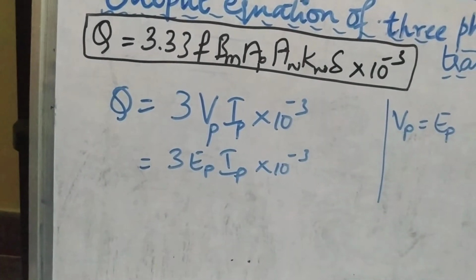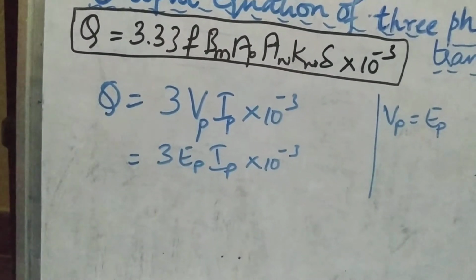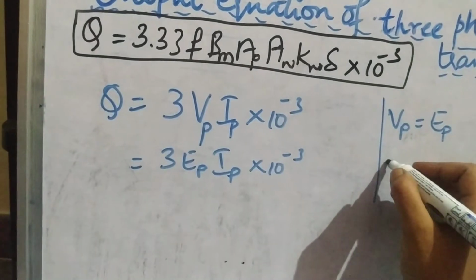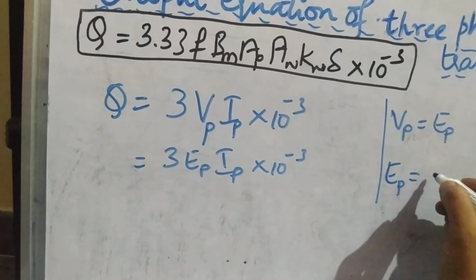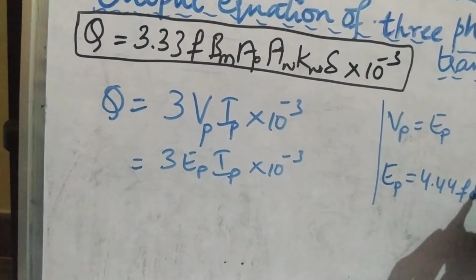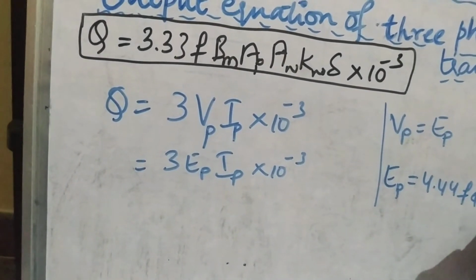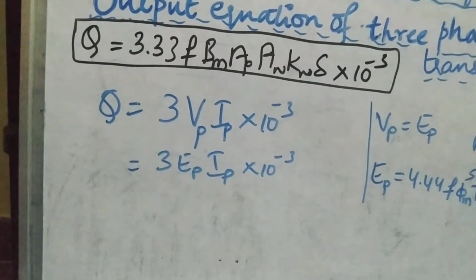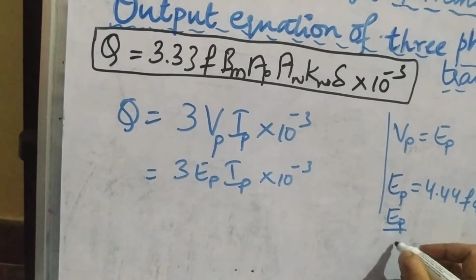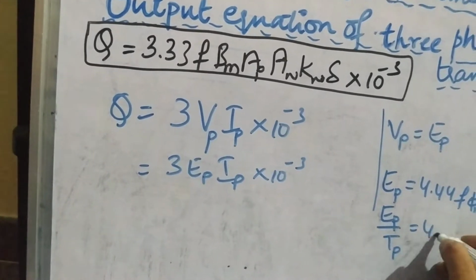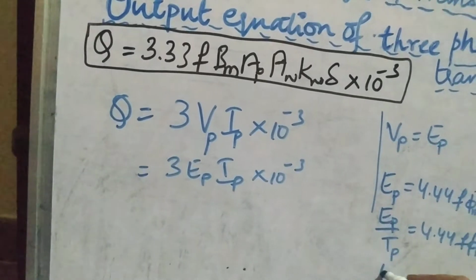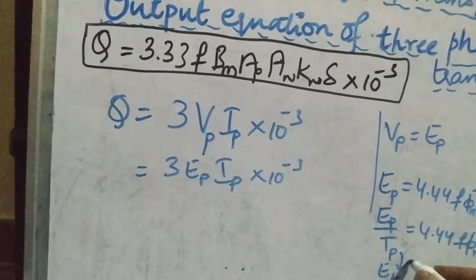Fine. So here, what is Ep? Ep is written as 4.44 F into psi m into TP, what we realized, right? Therefore it can be written as EMF divided by the number of turns, which is equal to 4.44 F into psi m. This will be the ET.